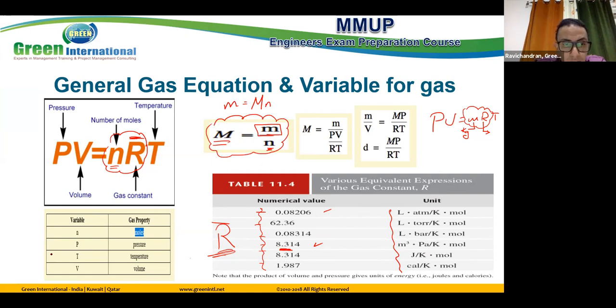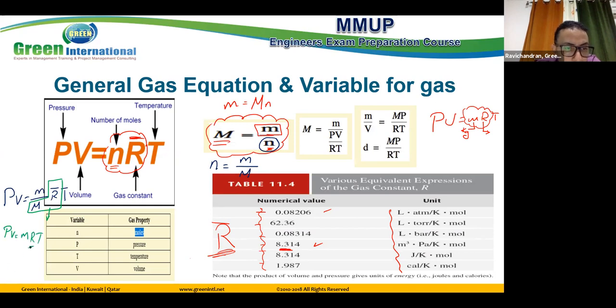When we go back to the original equation PV = nRT, n is equal to small m divided by capital M. So I write it as PV = (m/M) R bar T. This R bar divided by capital M, I take it and get another constant, R, so PV = mRT.